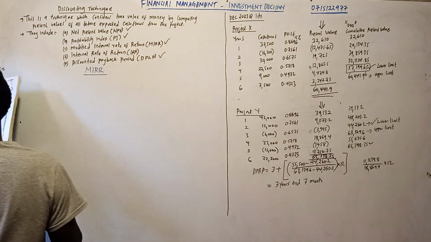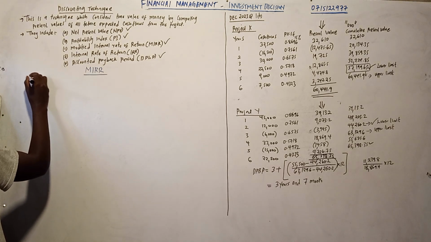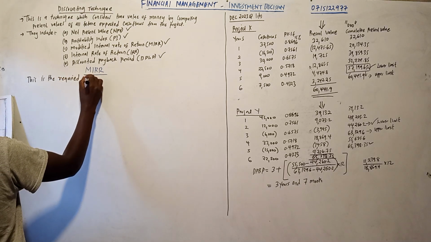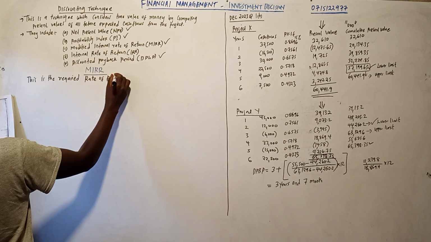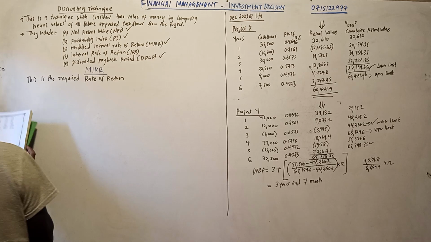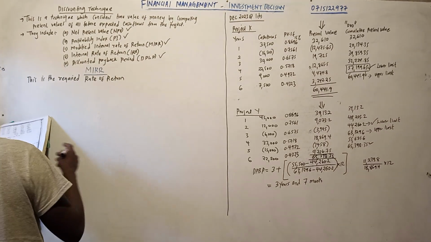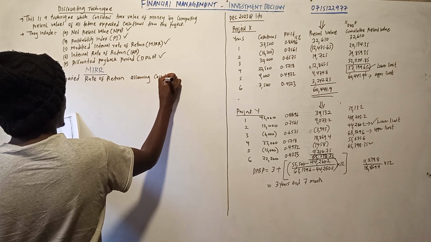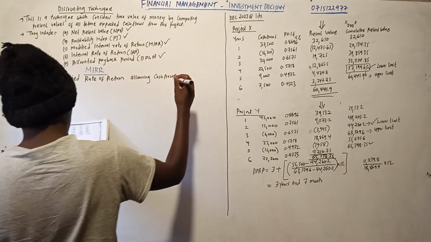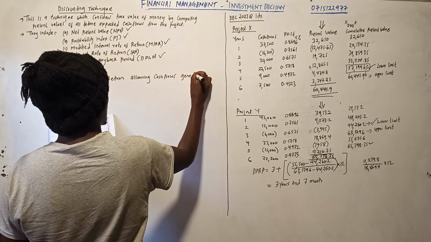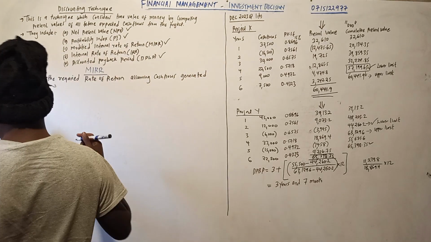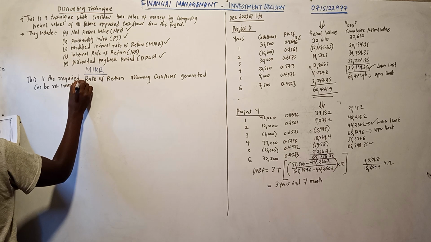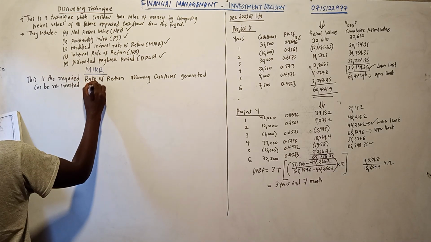So we can say this is the required rate of return, assuming the cash flow generated can be reinvested to earn more return.